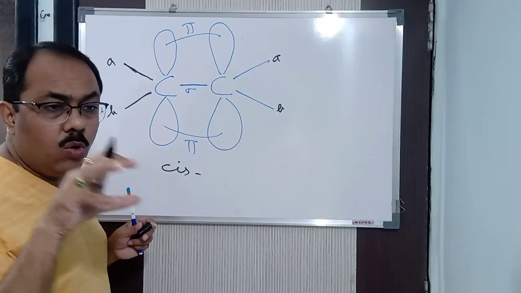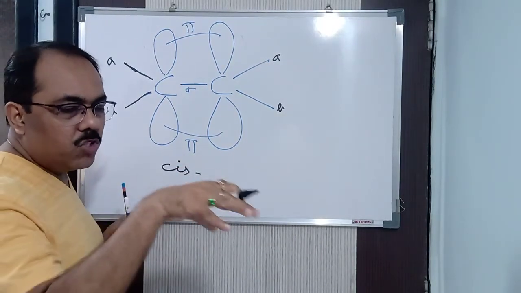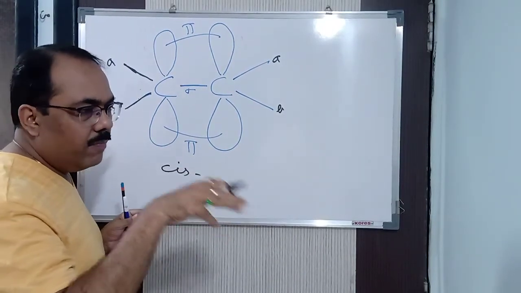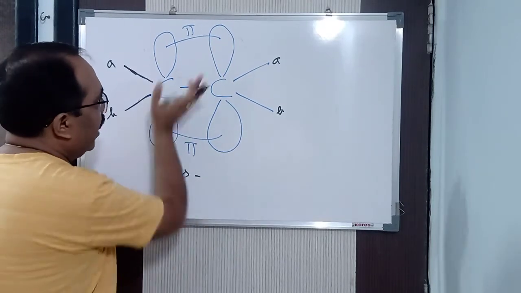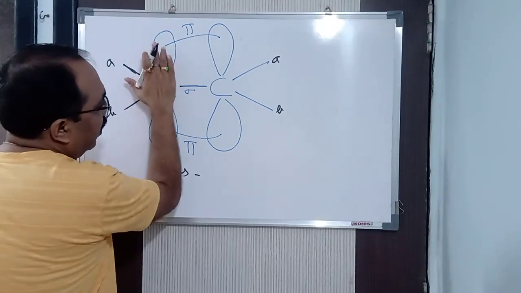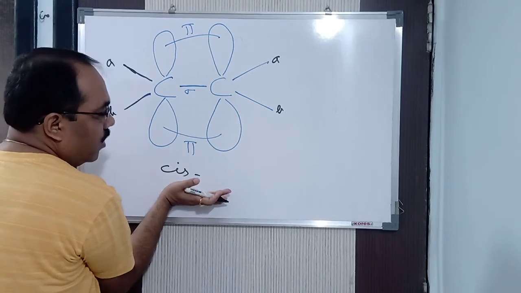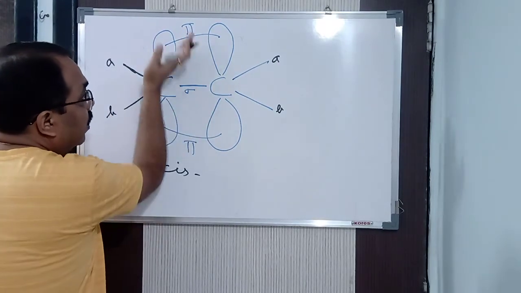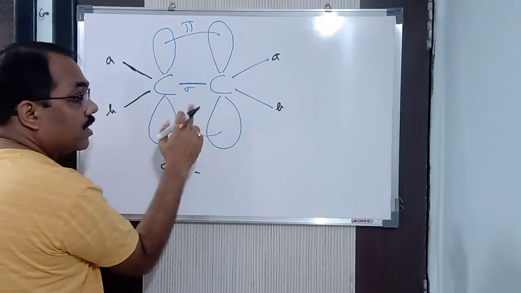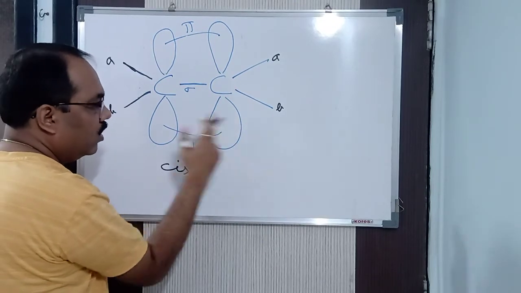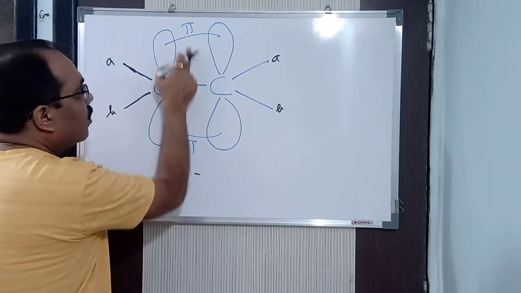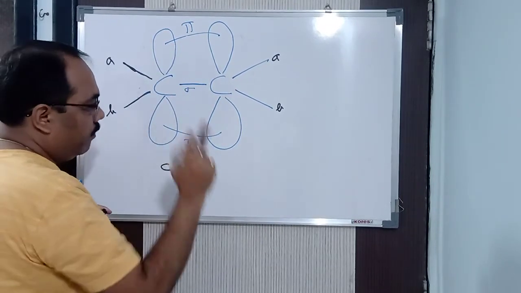We said local. Local means whose position is fixed, localized. But delocalized means position is not fixed. Either it can be above the sigma bond or it can be below the sigma bond. So hence I have drawn 3 here, 1, 2, 3. But basically it is not 3, it is 2. Either this or this. Got it now? Clear? Fine.